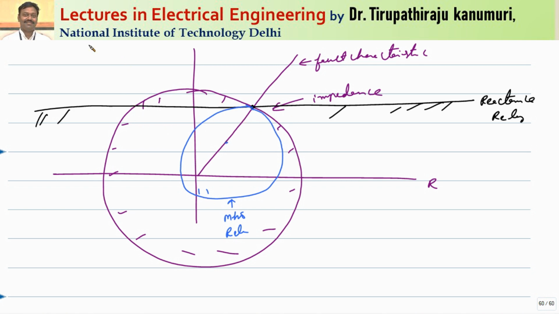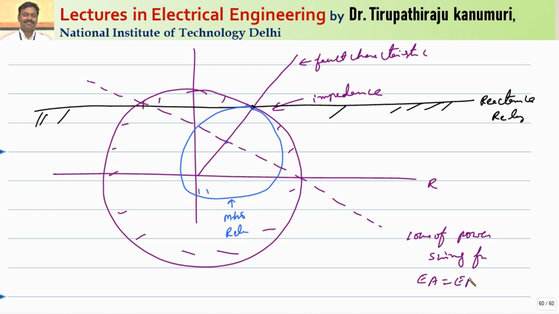Now coming to the locus. We have seen the locus of the power swing will be, this is my locus of power swing for EA is equal to EB. That means for the case of n is equal to 1, it will come something like this.